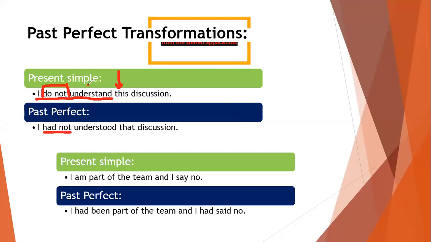And understand is no more. We need the past perfect, in this case the past participle of understand, which is understood. And as you can see, it's no longer this discussion, because it is in the past. It is that discussion. Is that clear?